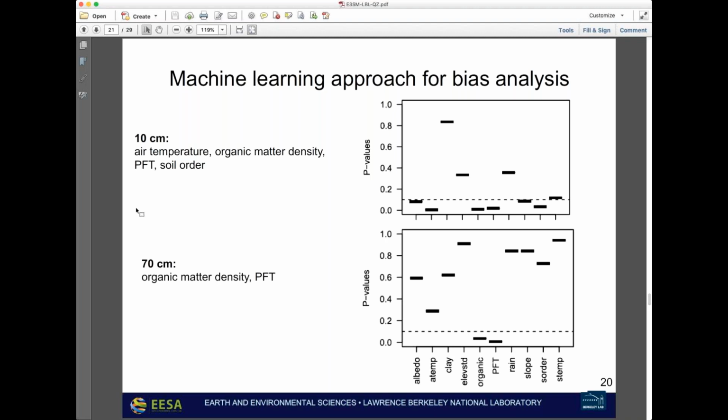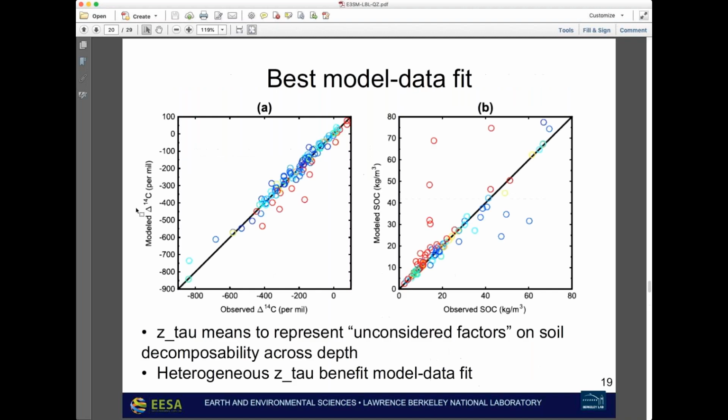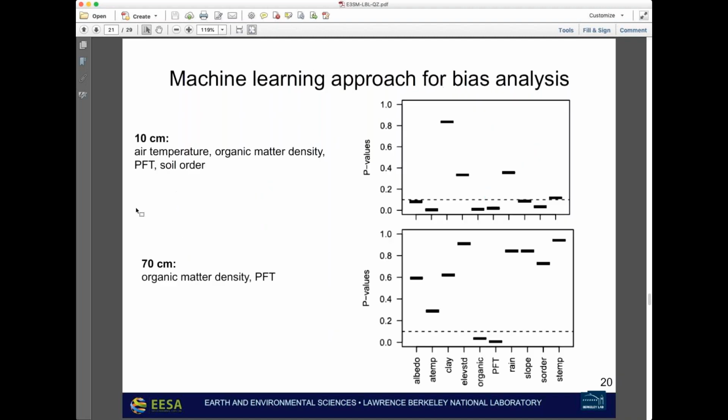So it may confirm our earlier hypothesis that the rooting depth is one of the major issues, because that really relates to the plant functional type. This bias analysis tells us there is a reason for a vertically heterogeneous Z-tau, and the reason is they have different controlling factors.